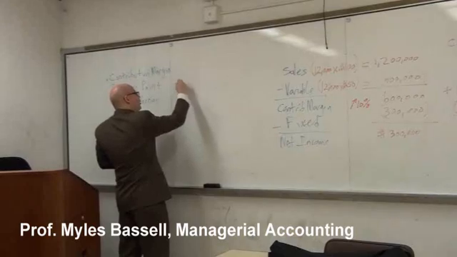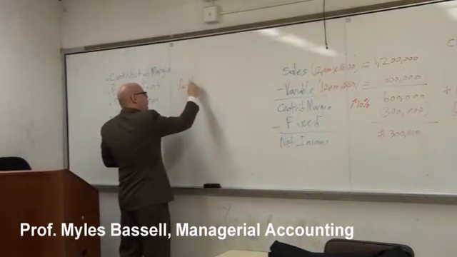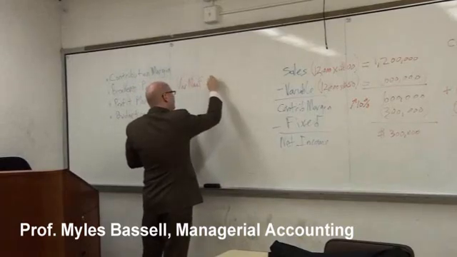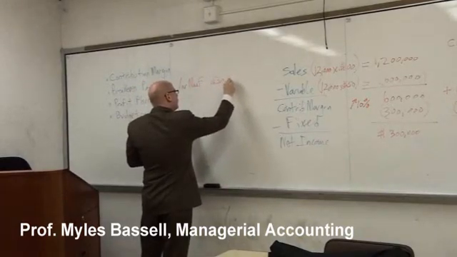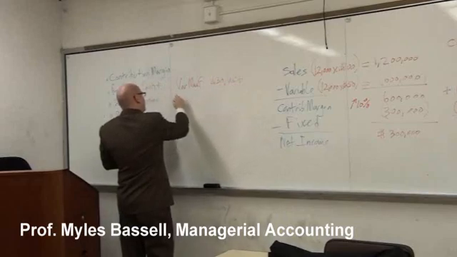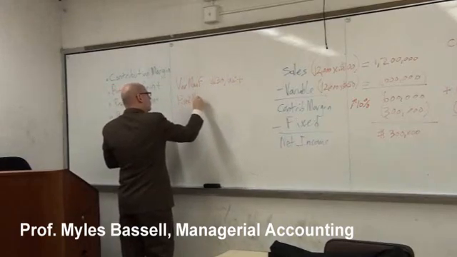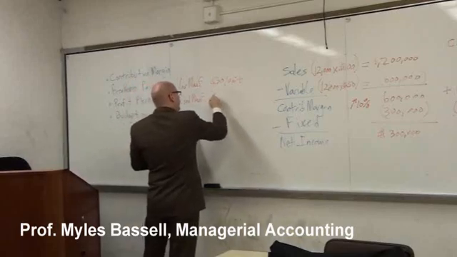So we have our variable manufacturing cost, which is how much? $30 per unit. And the fixed manufacturing cost, $10 per unit.